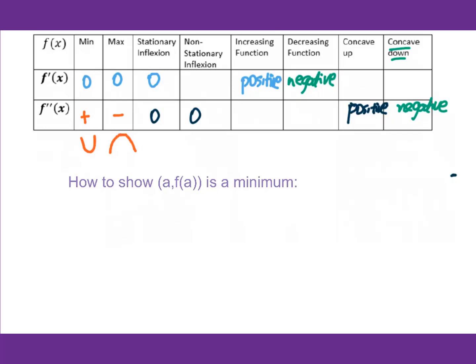There are two ways. First of all, you have to show the first derivative equal to 0. Then you have to show, using the first derivative sign diagram at a, the sign change.